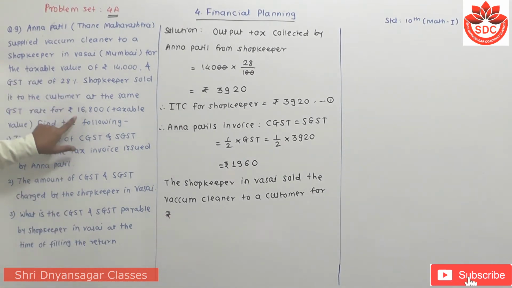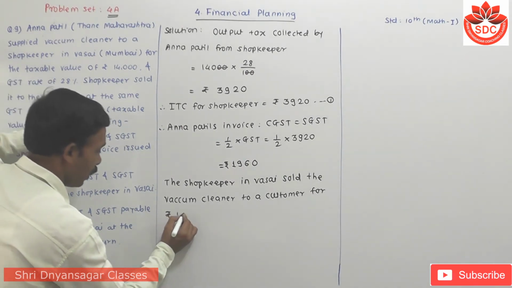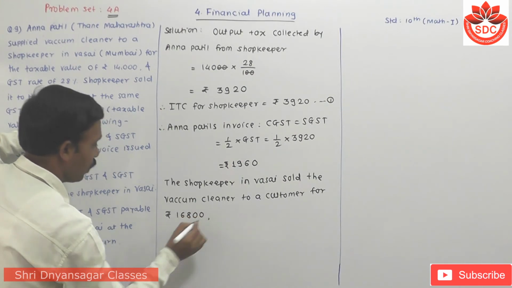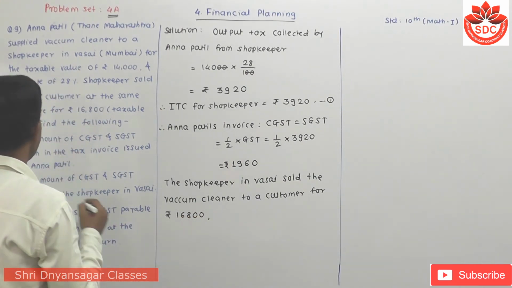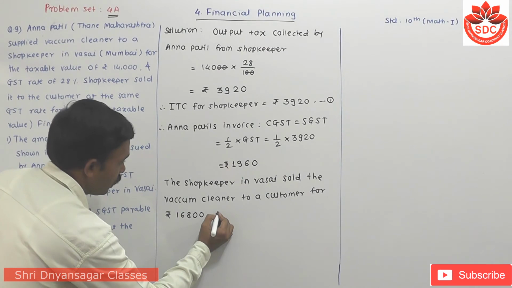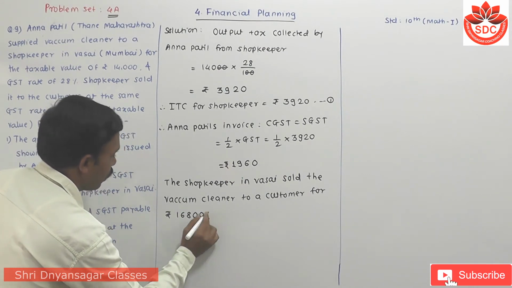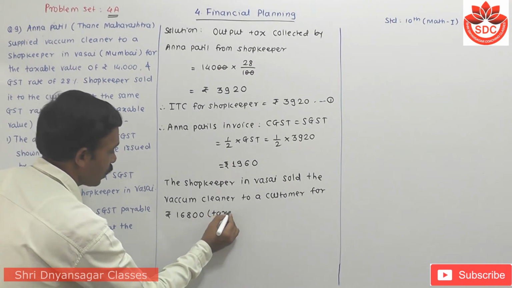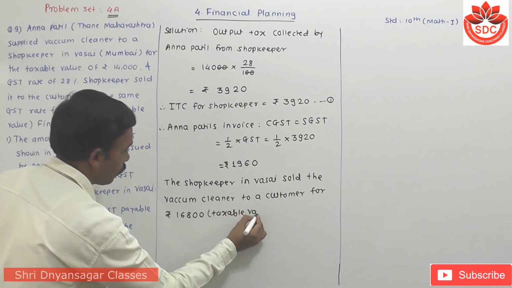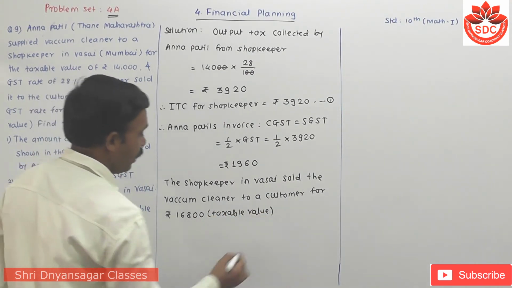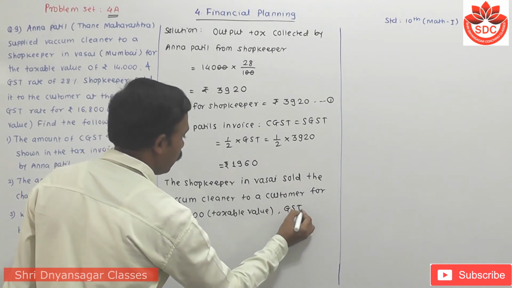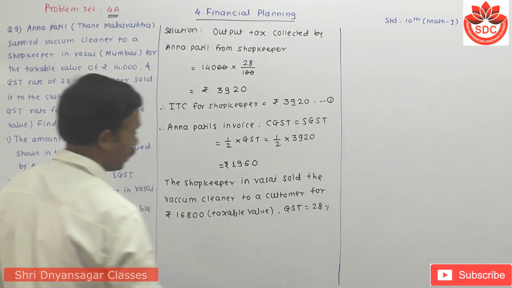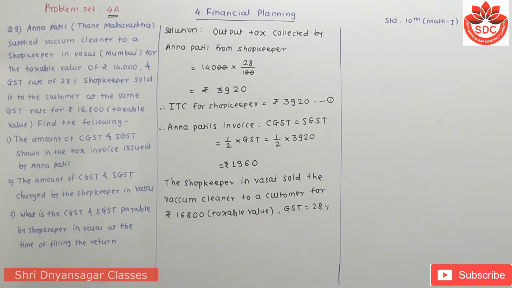This is 16,800, and at that time also GST is the same, means that GST rate is here, taxable value. So I will write again taxable value, and GST is how much percent? 28%.